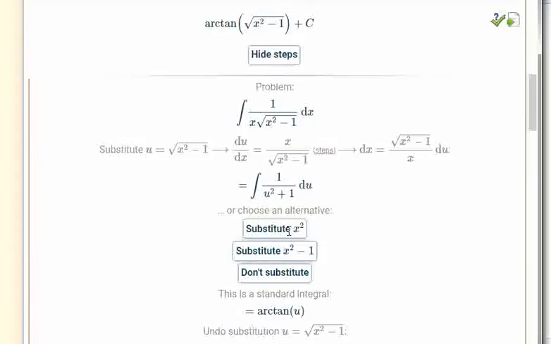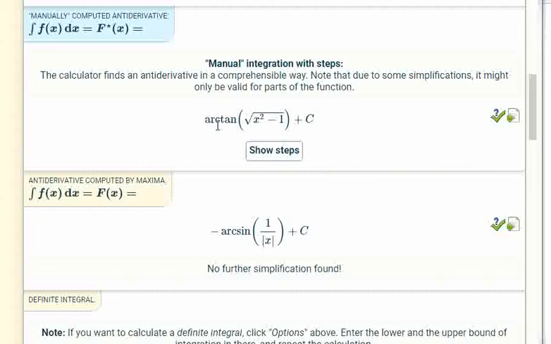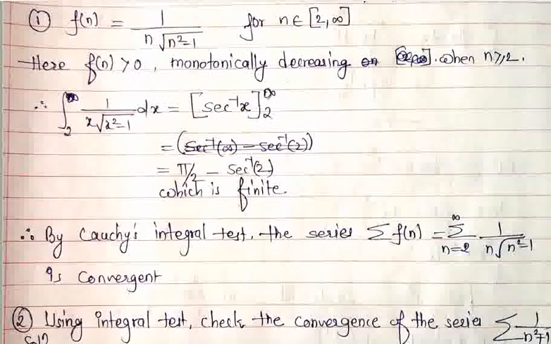And you can simplify that. You can simplify this arctan of root of x squared minus 1 as minus arcsine of 1 over modulus of x. And that is given here by sec inverse x between infinity and 2.